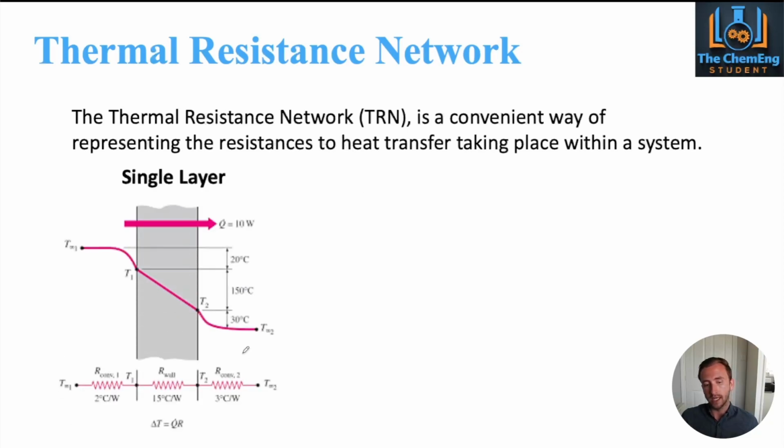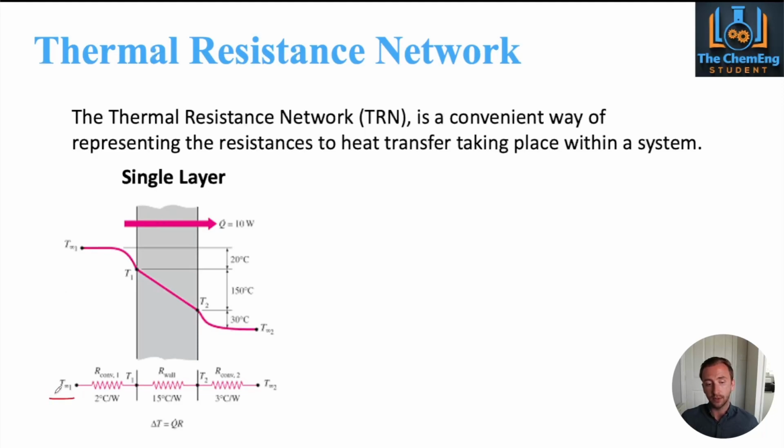We already discussed it, but now we'll see it using the geometry of the system as well. Heat transfer is going from left to right. This is a single layer, so we only have one solid conduction resistance.